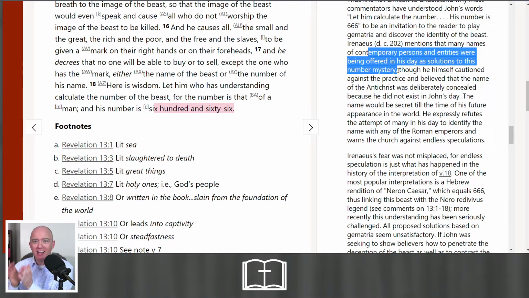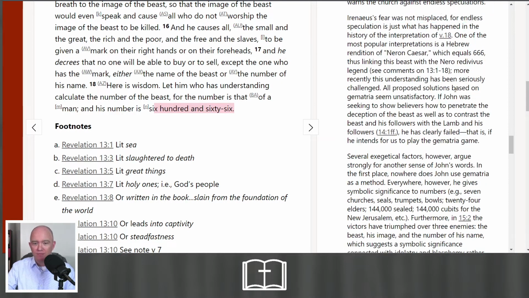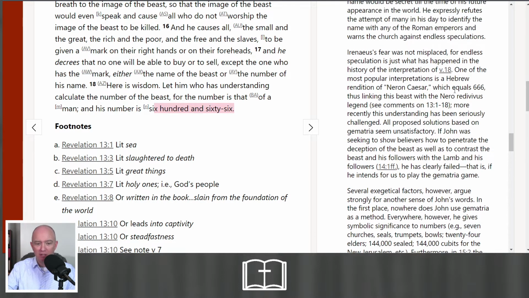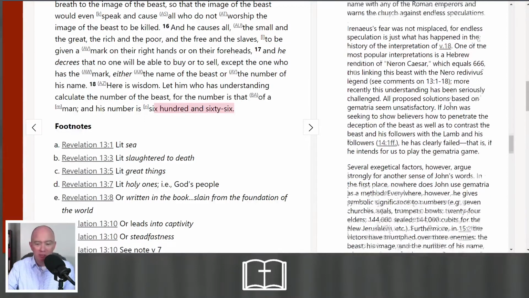So even in the year 200, very early, there are all kinds of names, different names being offered, and he cautioned that you could use this number system to be looking for antichrists everywhere. And that's something that we've seen play out for a long time. There have been many, many guesses of who the antichrist is with the number 666. Who is this beast 666?